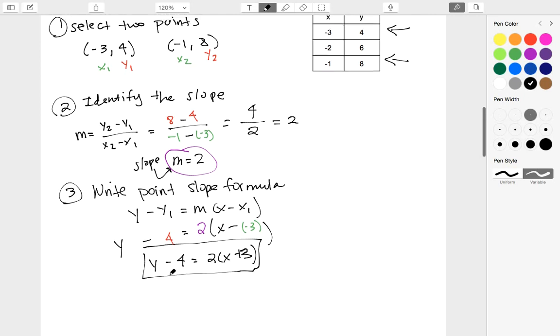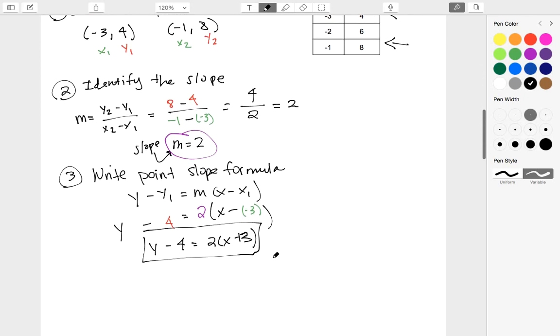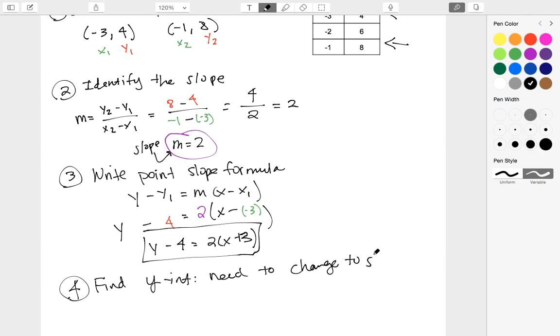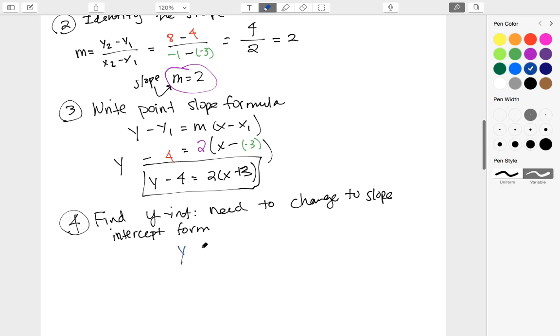Okay, now I said to find the y-intercept because right here we can't identify the y-intercept in this form. So in order to find y-intercept, we need to change this into slope-intercept form. Okay, so I'm going to rewrite our equation down here one more time. So y minus 4 equals 2 times x plus 3.